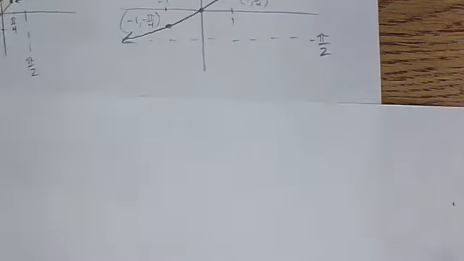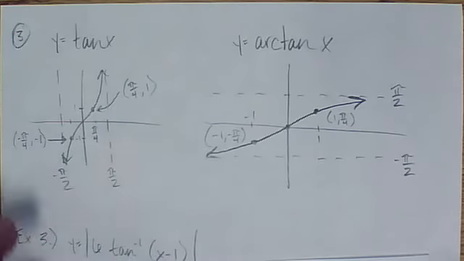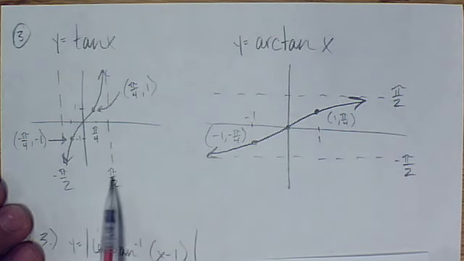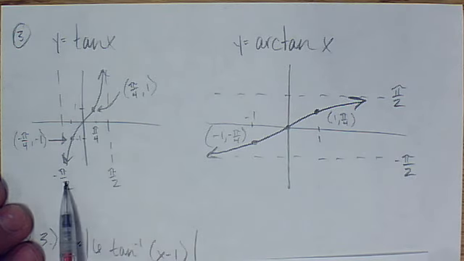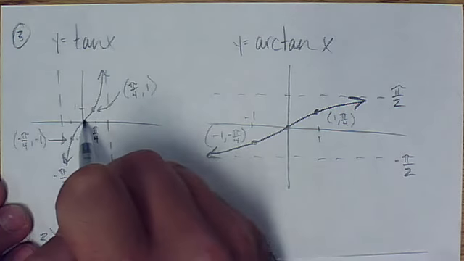Now the last one. Remember that tangent has vertical asymptotes at pi over 2 and negative pi over 2. It's the snake that runs down through 0, 0.